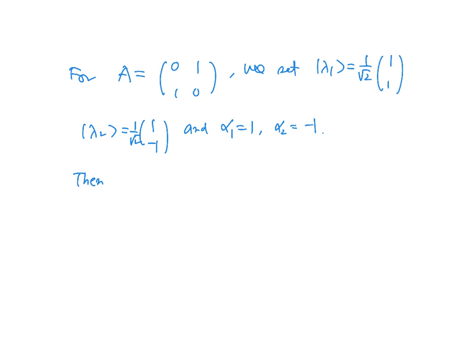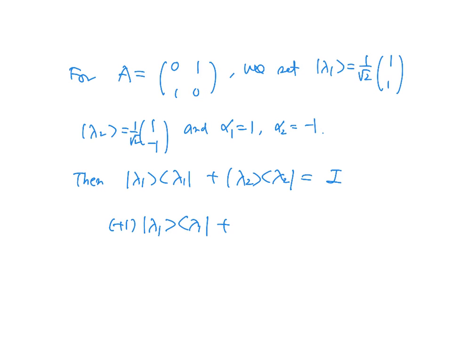Then one property: lambda 1 outer product plus lambda 2 outer product is the identity, and plus 1 lambda 1 plus minus 1 lambda 2 is A. So for a particular symmetric or Hermitian matrix, we can associate a set of numbers alpha 1, alpha 2, and basis vectors lambda 1, lambda 2, and then the summation of the outer products is the identity, and the summation of the outer products weighted with the particular numbers alpha gives the Hermitian matrix.